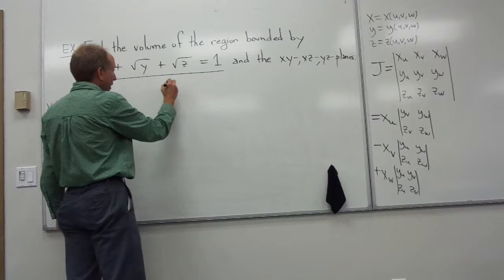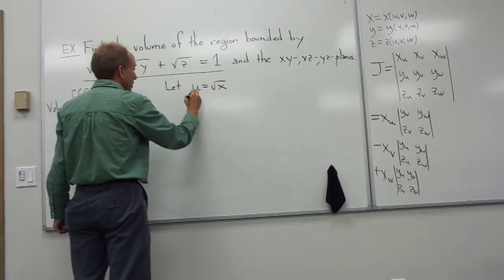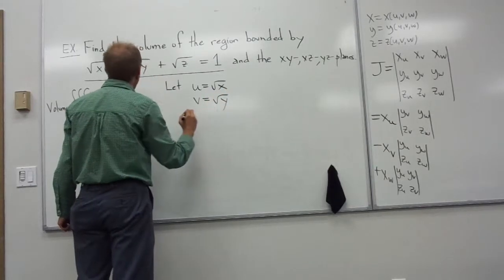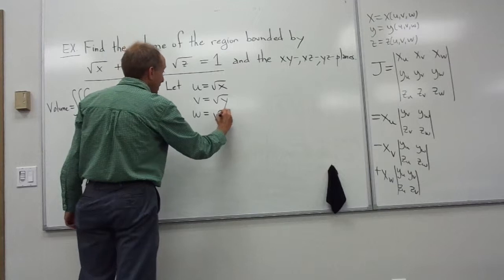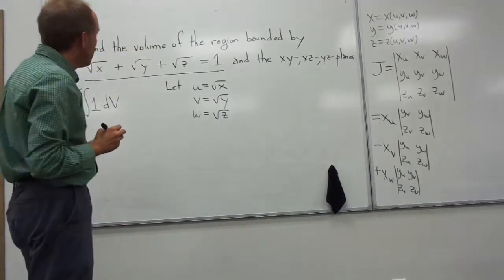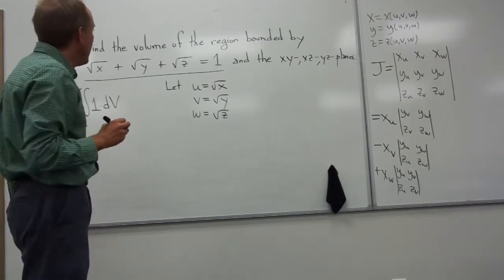But if I let u equal the square root of x, v equal the square root of y, and w equal the square root of z, I might be able to get this to look a little bit nicer. Okay?